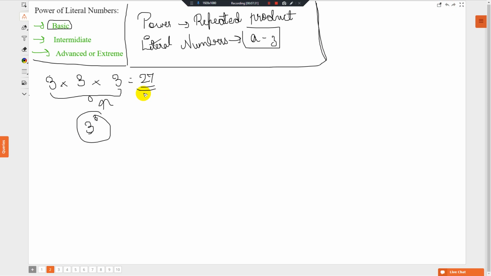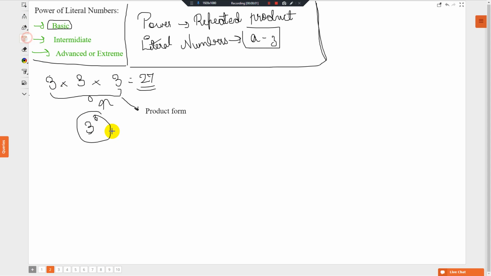But there are some names to remember. When we have it like this, we will see those names. This big lengthy product form, what is that form known as? It's known as the expanded form.